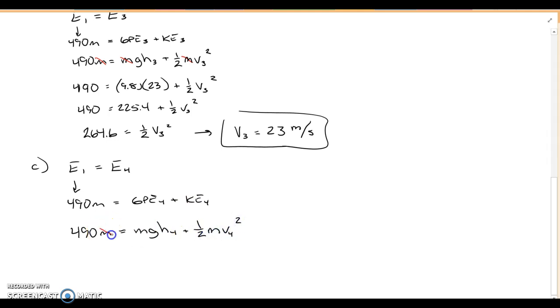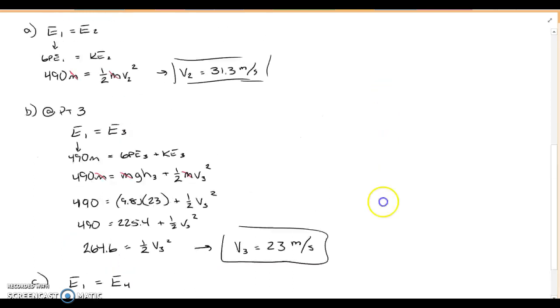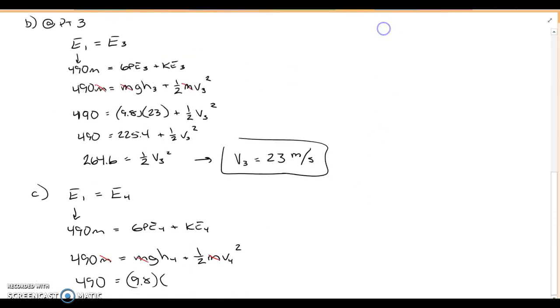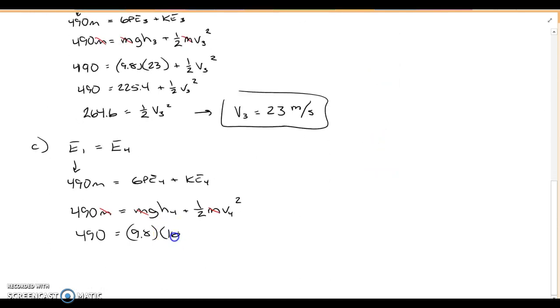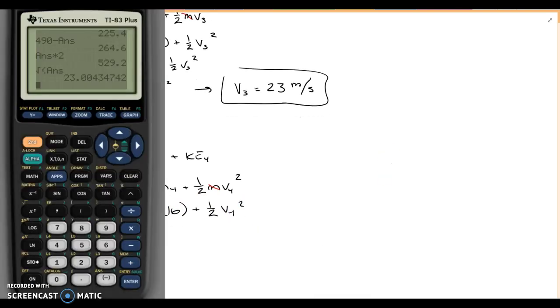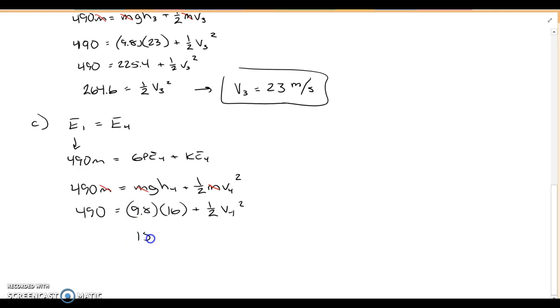Once again, the masses cancel. I plug in the values I know. 490 equals 9.8 times the height at 4, which is 16 meters, plus 1/2 v4 squared. Going to do a little bit of math to isolate v squared. 9.8 times 16 is 156.8.